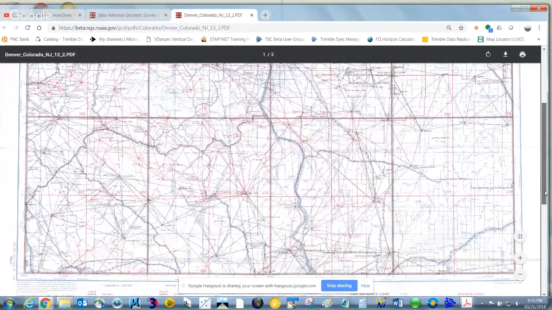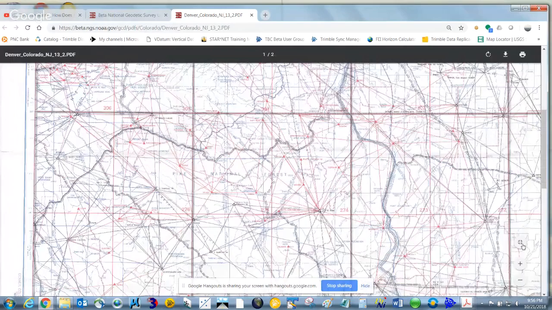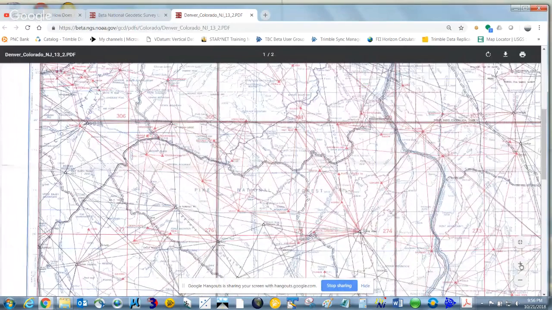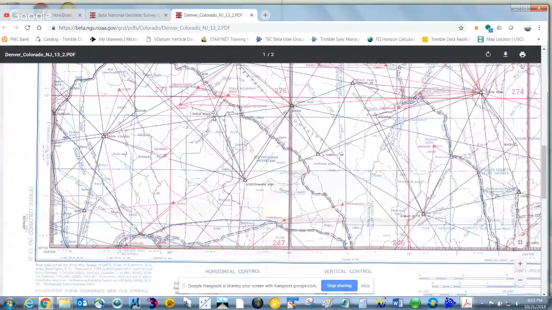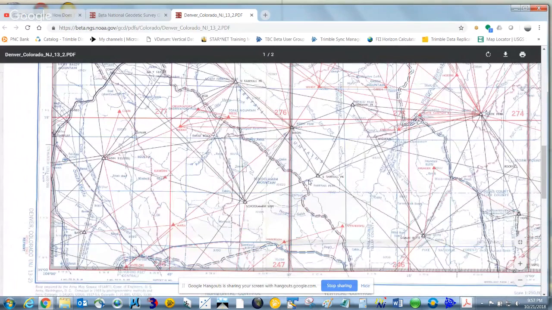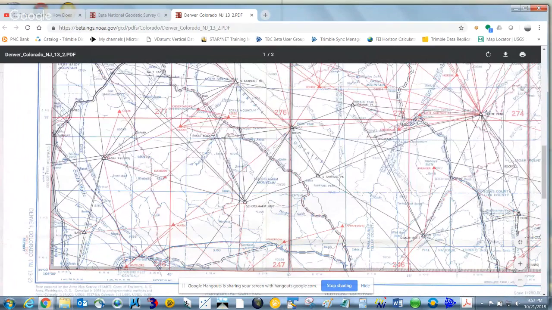You can look up these diagrams for pretty much the whole United States, and what you'll see is the triangulation. You see that clearly? Yeah. And then you also see the leveling, and that's second order leveling right there.